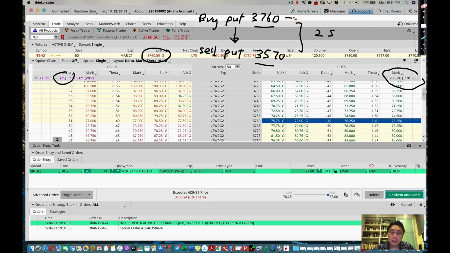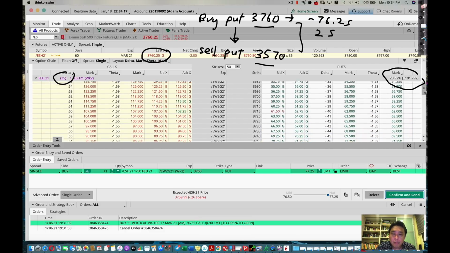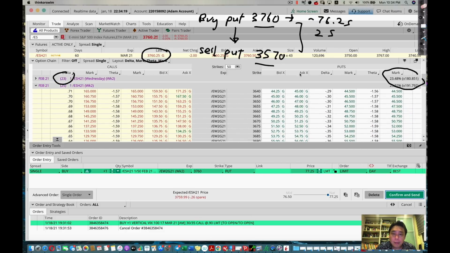Right now the market price of the 3760 put is 76.25, so that will cost us 76.25. And the 3570 put, if we sell that, how much can we make? Let's increase the strikes. More strikes.